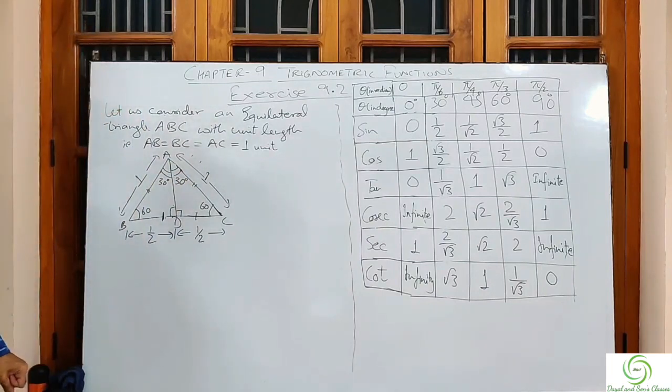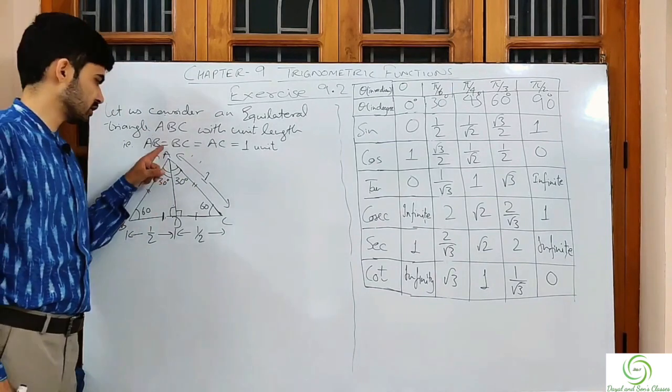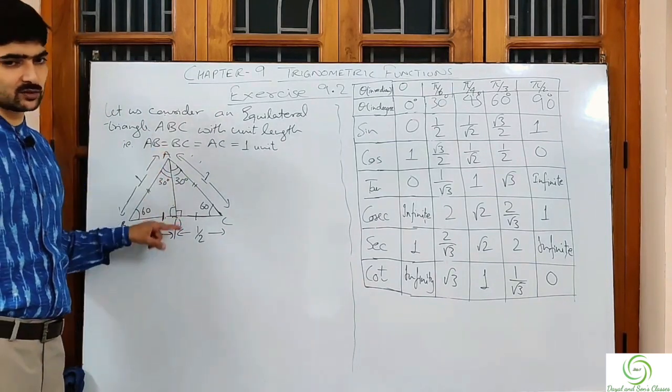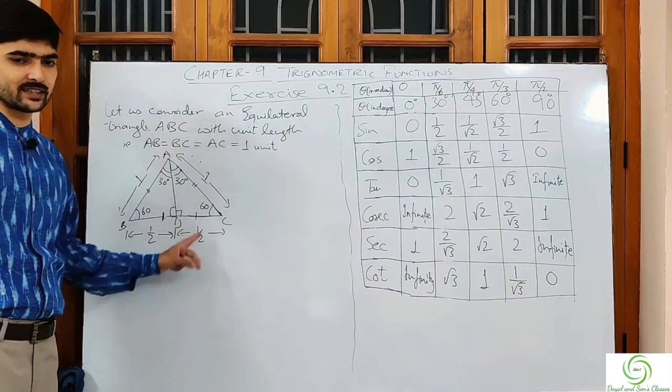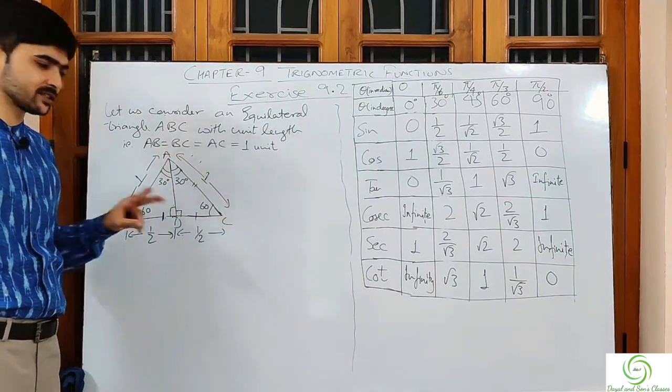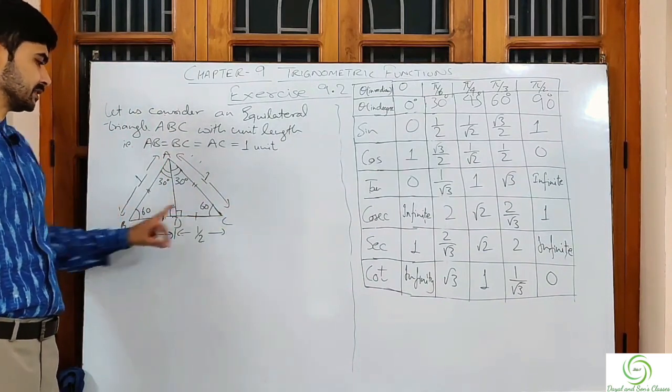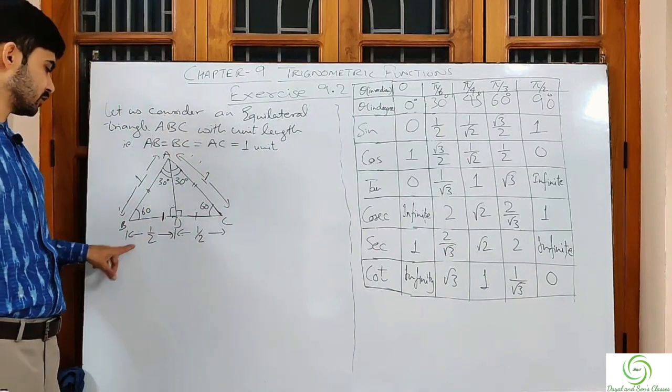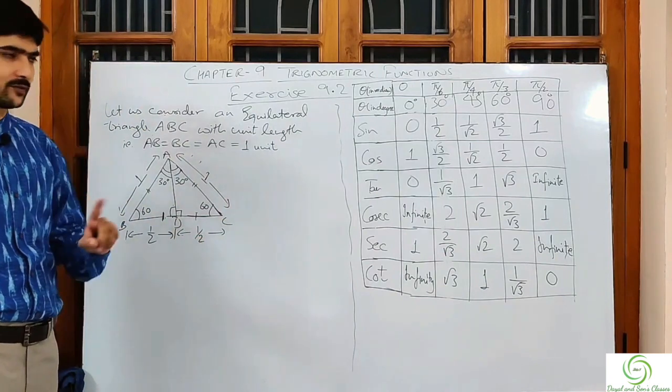Alright, clear? By the property of an equilateral triangle, we know that when a perpendicular is drawn from a vertex to the opposite side, it bisects the side into two equal parts. Therefore, since BC was equal to 1, BD and DC will be equal to half.